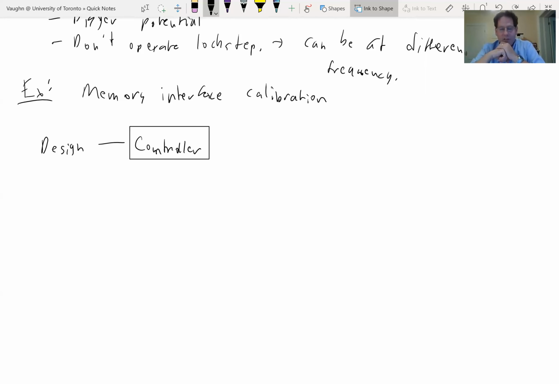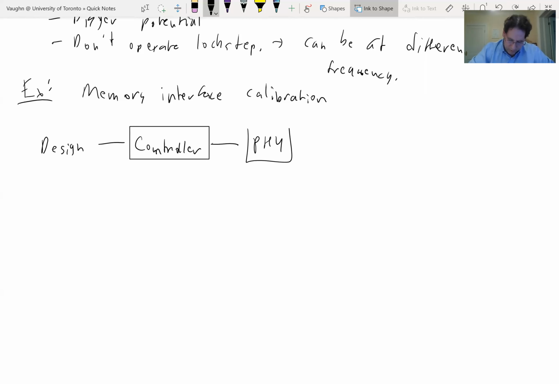A RAM needs to be told, bring the following row into the sense amps, and now you can read out a piece of that row, which is called a column read. So the RAM actually has a lower-level protocol. The controller bridges that gap. And the controller can also decide on how to order things for more efficiency.